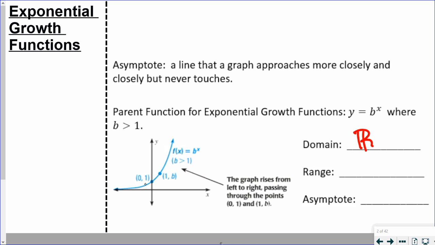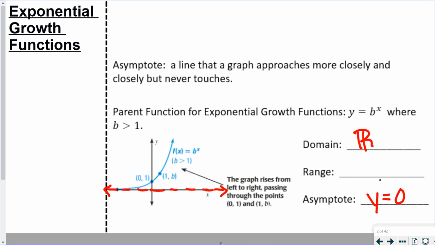Now notice here, this is leveling off at this horizontal line right here. That means this horizontal line is the asymptote. It's going to get closer and closer, but never touches. This is the equation y equals 0. Anytime you have a horizontal line, the equation is y equals a single number. This one is where y is at 0, so that's why it's y equals 0.